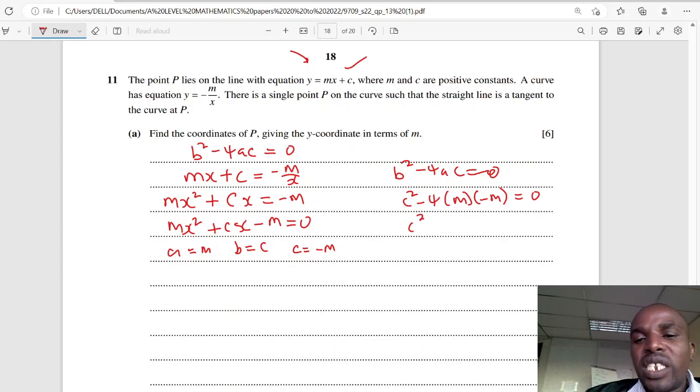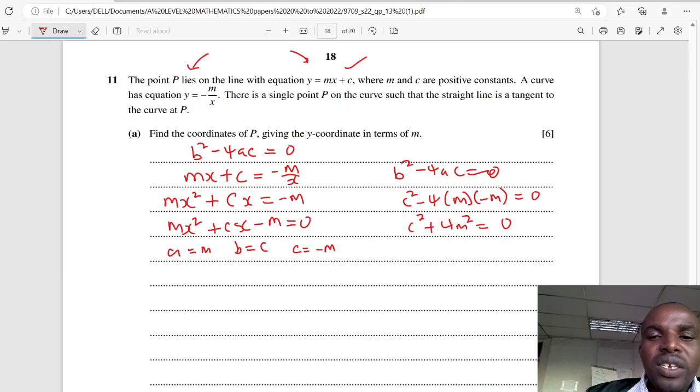Actually, this will be c squared minus 4m squared is equal to 0. They want the coordinates of P, giving the y coordinate in terms of m, and P lies on the curve. So that's the x coordinate of intersection of the two items, and you can find our m in this case.